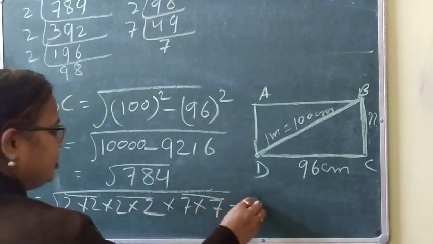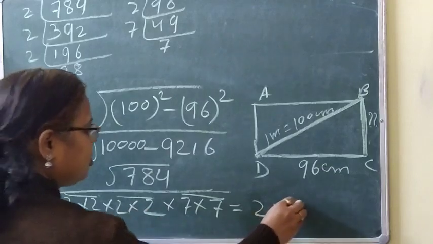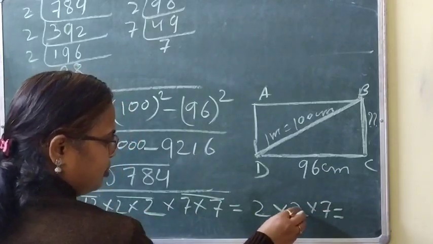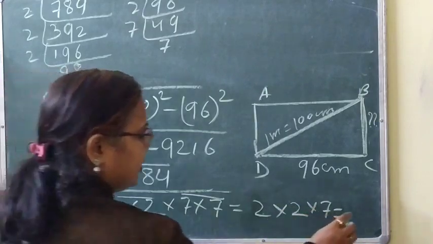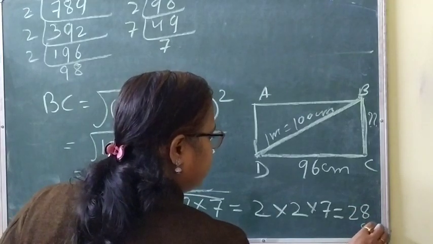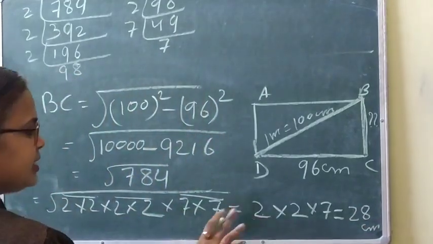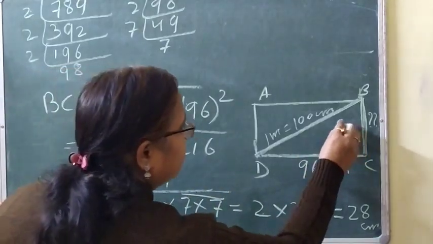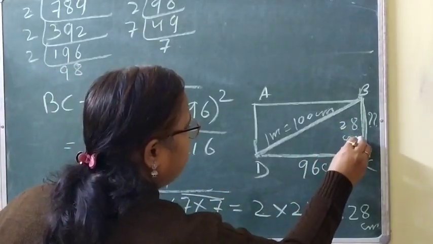So one pair means 2 here. Again from this 2 here. From this 7 here. 2 2s are 4. Clear? And 4 7s are 28. 28 centimeter. So 28 centimeter is BC.